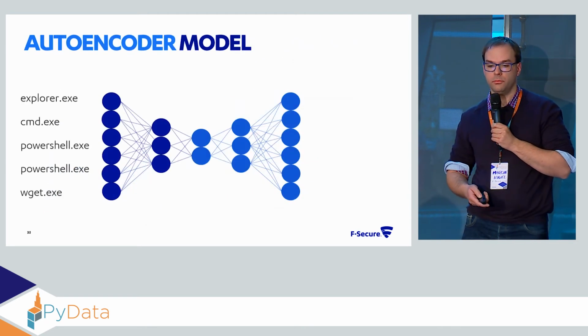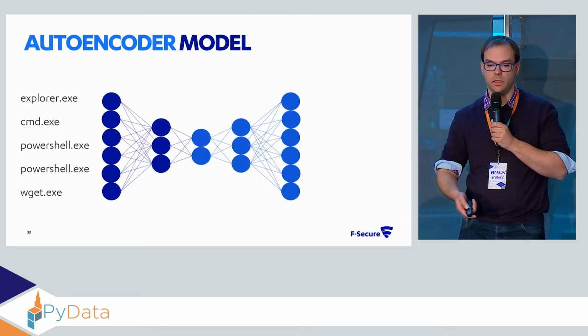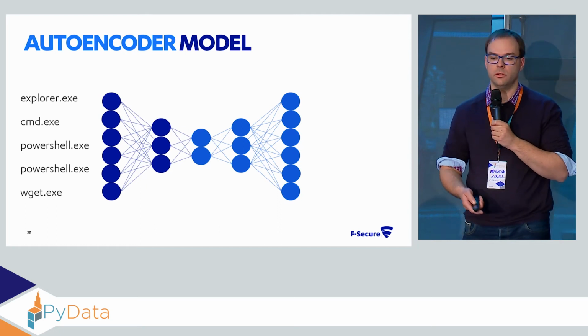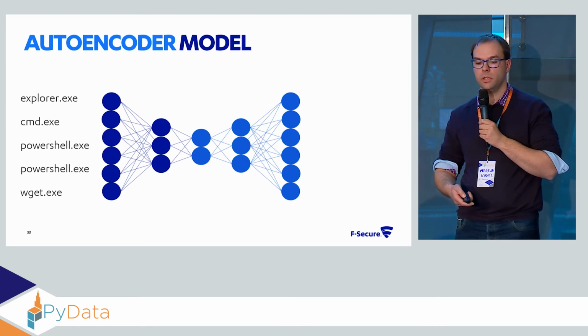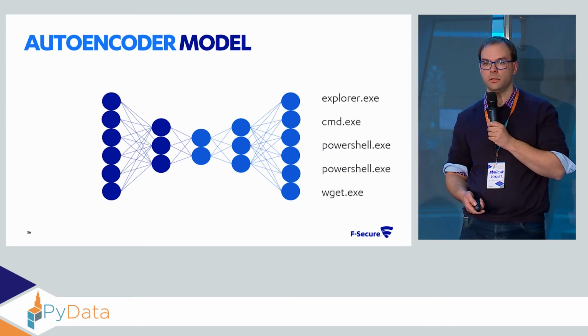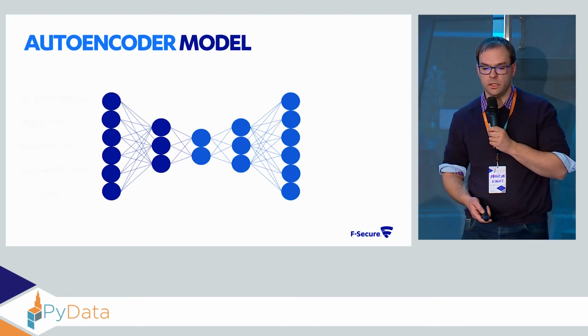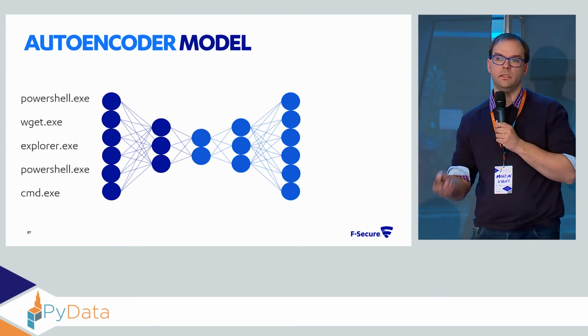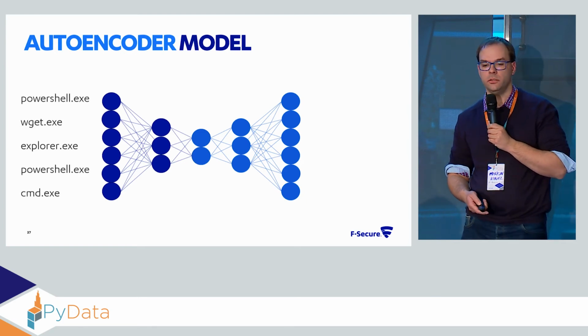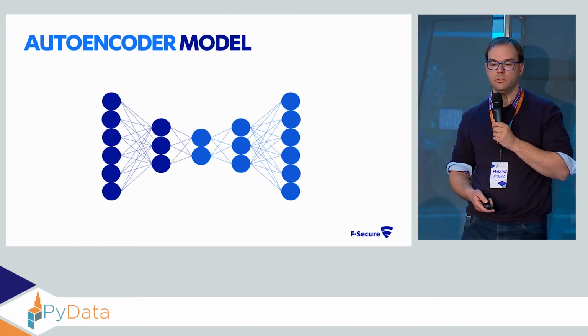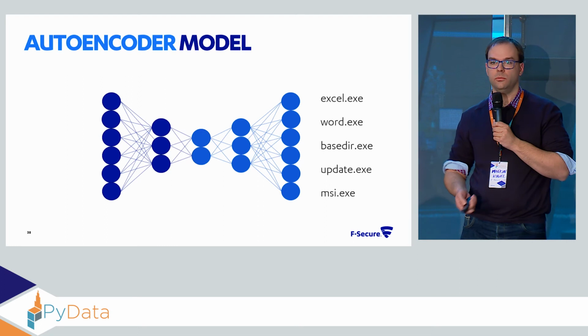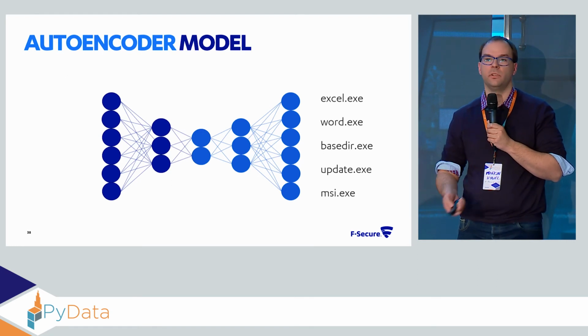When you put in, let's say, vectors that represent words, we would like to recover that vector. And if there is a random unseen combination of words, the reconstruction error at the end would be big, so that you will get something wrong, basically.